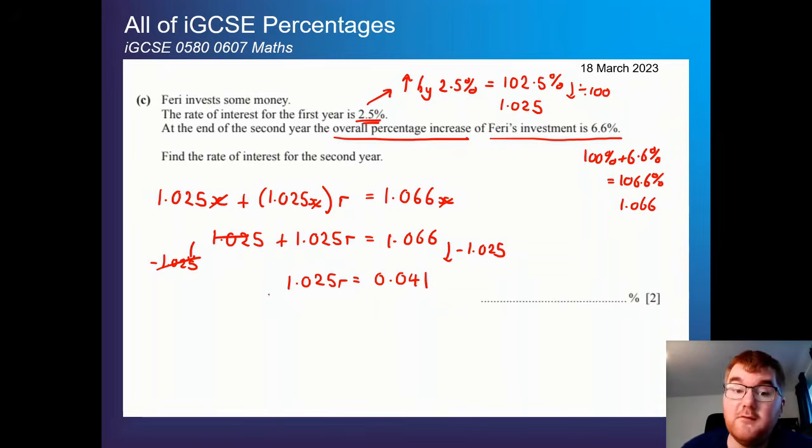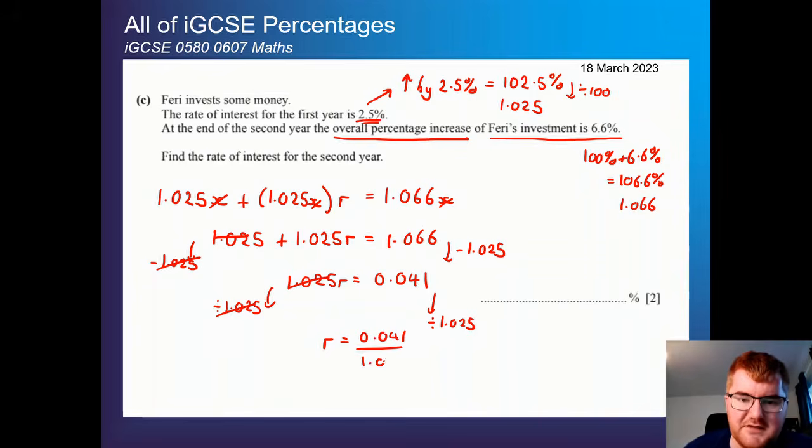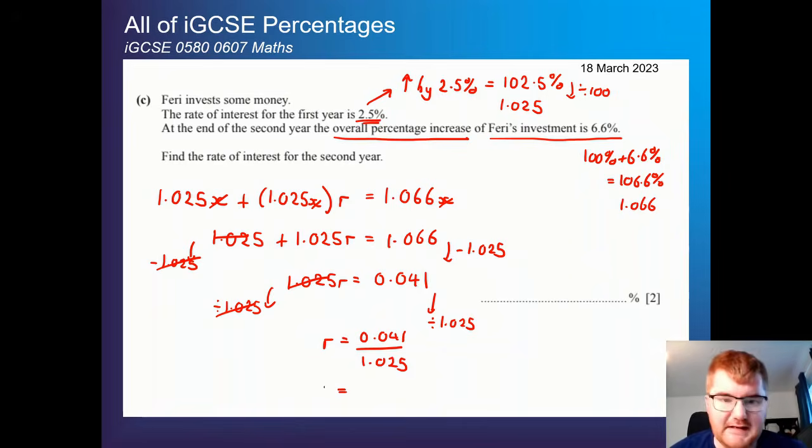So we do the opposite of timesing by 1.025, which is dividing by 1.025 on both sides. This cancels, giving us r is equal to 0.041 over 1.025, which if we pop it into the calculator, we're going to get our interest rate of 0.04, which as a percentage is equal to 4%.